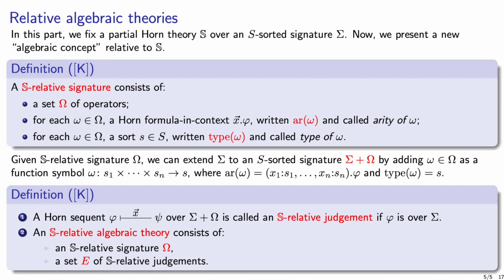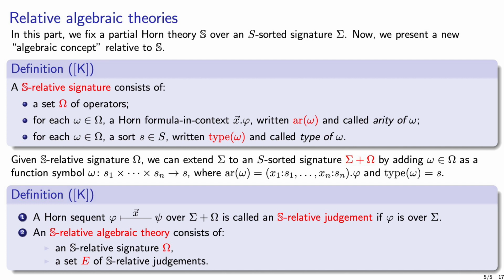An S-relative signature is a set omega of operations where each element is assigned a Horn formula called its arity and a sort called its type.